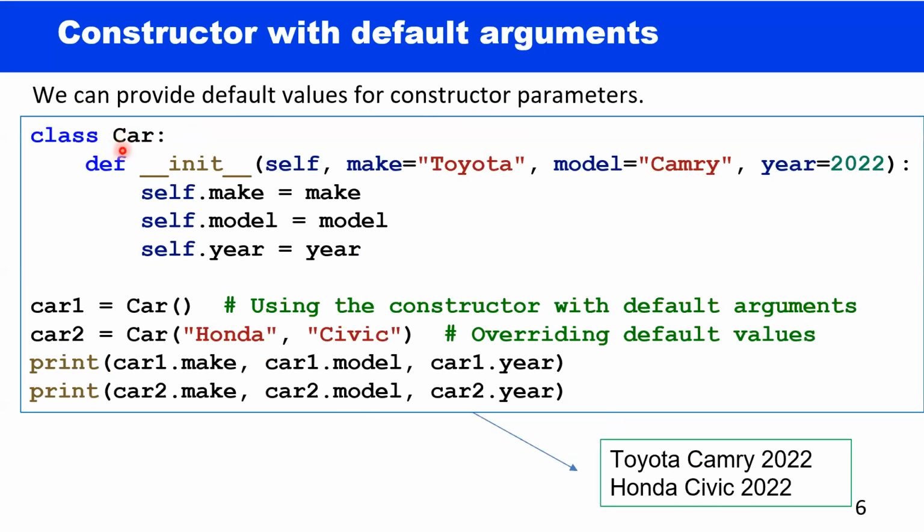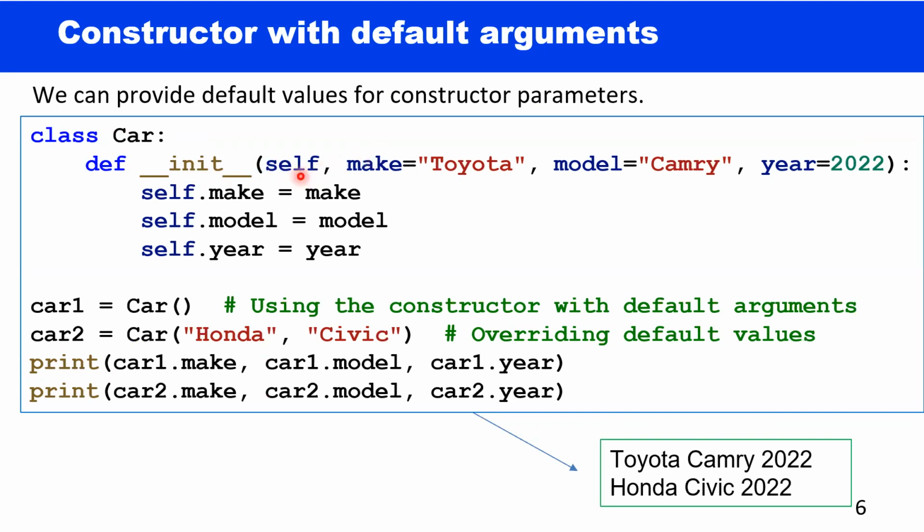Here we are creating a class car, and in this we are again defining a constructor. So this is the syntax for defining the constructor that we have already seen: __init__, followed by the list of arguments.